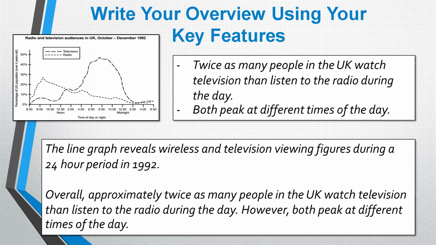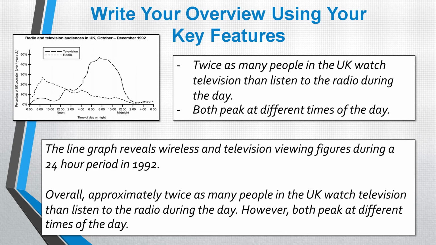And then we're simply going to use our key feature bullet points and put the information together into 1 or 2 main sentences. Here, we've combined the bullet points to read: overall, approximately twice as many people in the UK watch television than listen to the radio during the day. However, both peak at different times of the day.